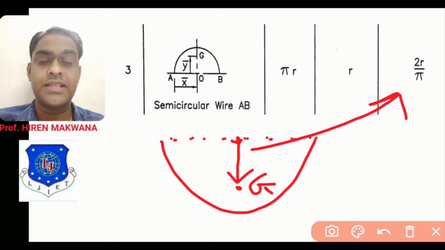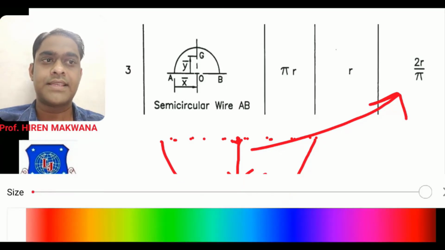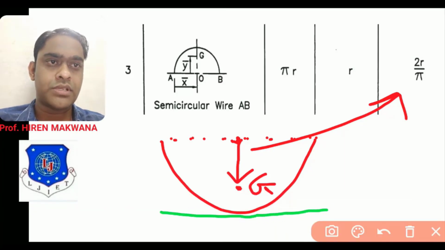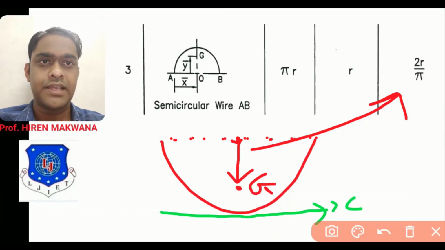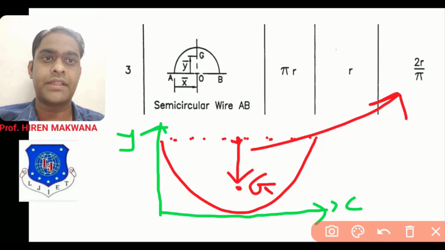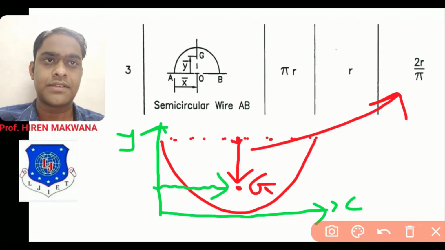But now in this case, where is the axis? Let me show you. From the bottom you have to draw the x-axis, and from the left side of the semicircle you have to draw the y-axis. Now what is our target? Our target is G, the center of gravity. From the y-axis you have to find this distance.